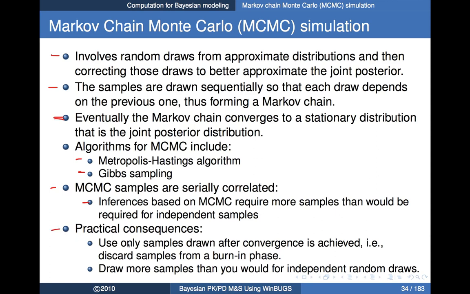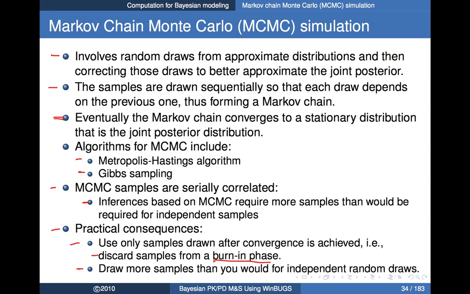And the practical consequences of both that and the convergence process are, one, you only want to use samples that are drawn after convergence is achieved. In other words, you would discard earlier samples, and we commonly refer to those we discard as a burn-in phase in the MCMC process. And we want to draw more samples than you would for independent random draws in order to get the same precision.